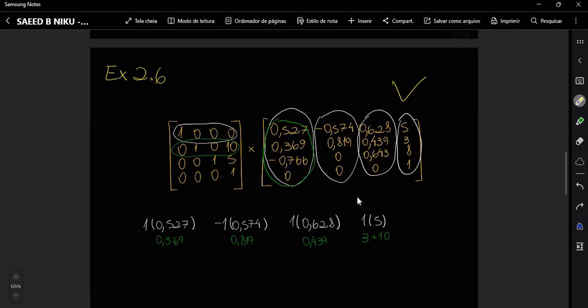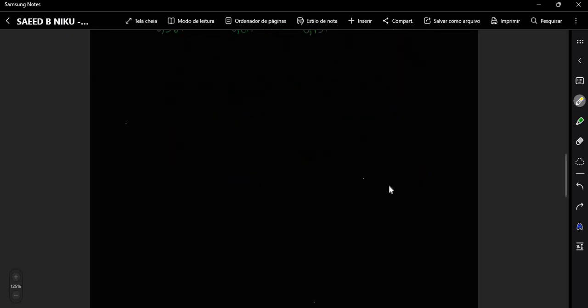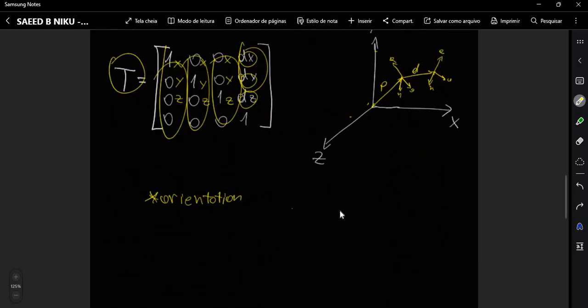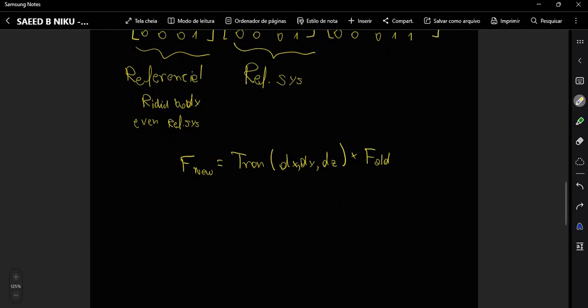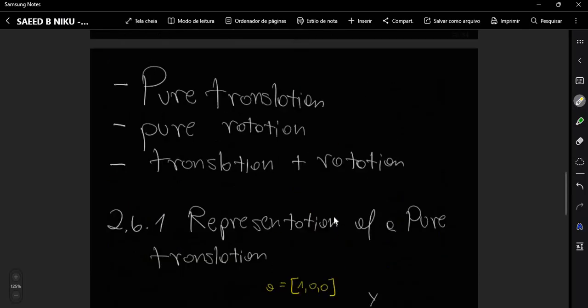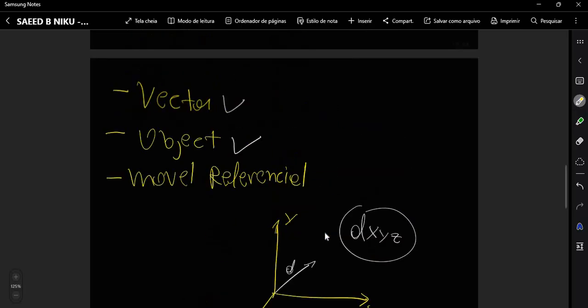And it asks us to find the new location of the referential. So we just need to use this equation, and we're going to find the final localization of the referential.